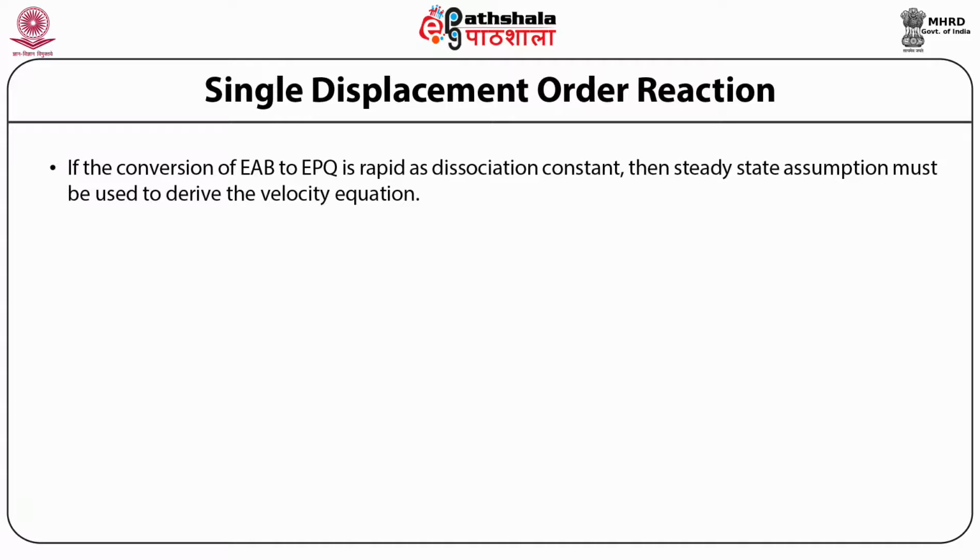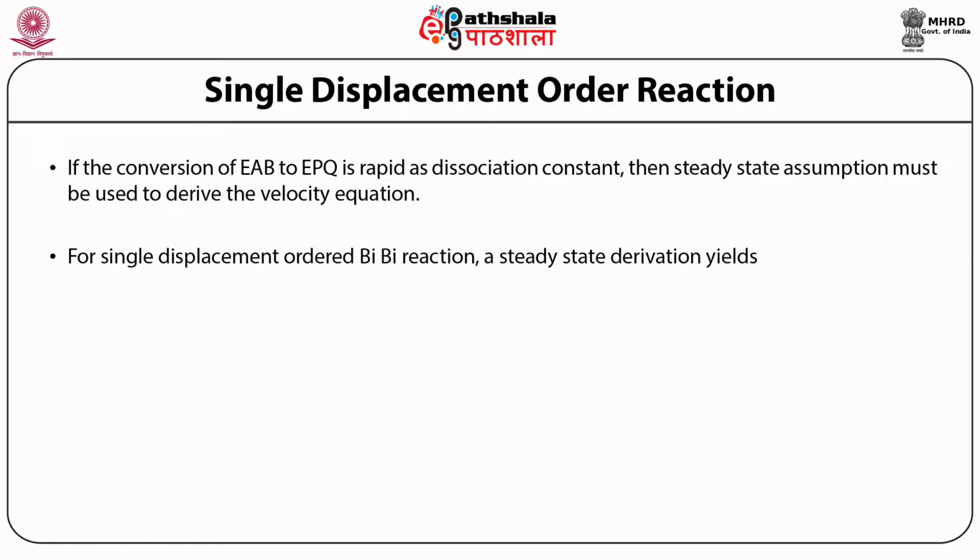If the conversion of EAB to EPQ is rapid as dissociation constant, then steady state assumption must be used to derive the velocity equation.